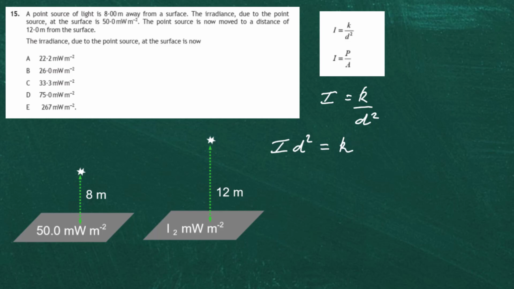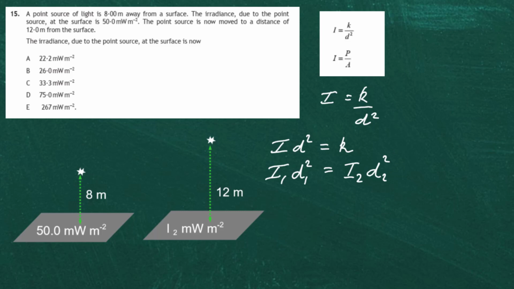That means no matter what value of irradiance and no matter what value of distance you have, if you multiply the irradiance by the distance squared, you'll always get the same number. So therefore we can write down the following. The first irradiance, I1, times the first distance squared should equal the second irradiance value times the second distance d2 squared. That's our condition.